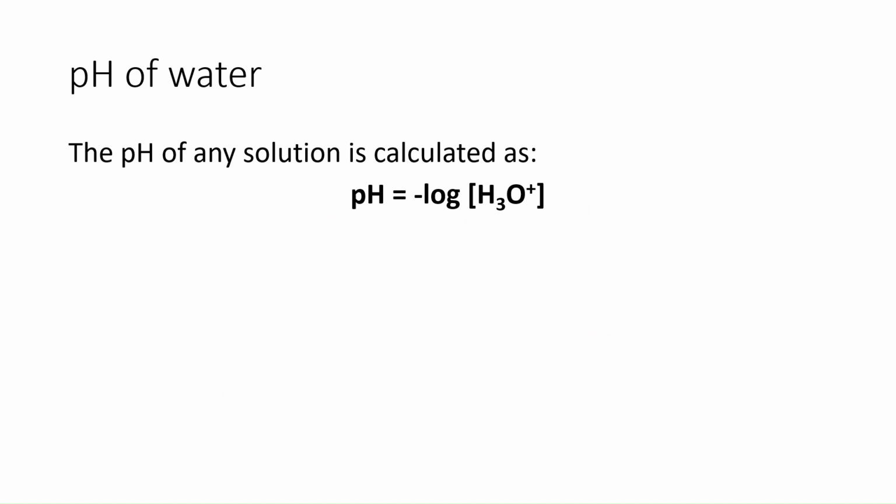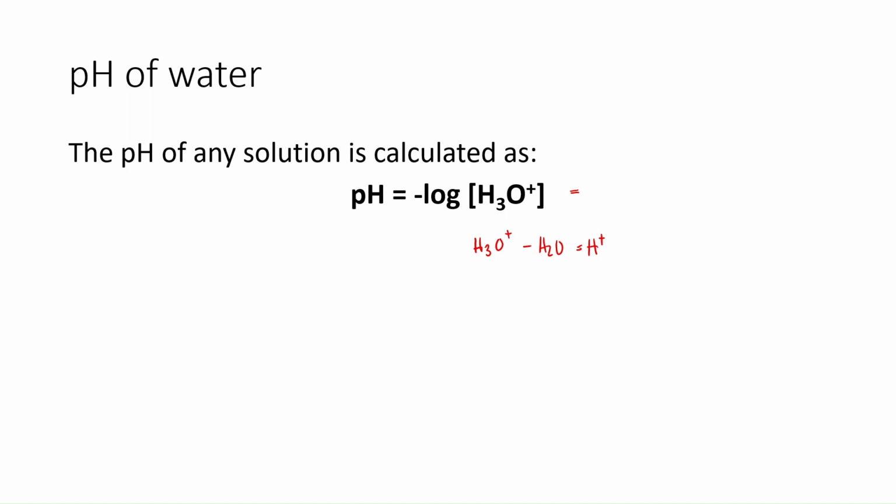So to bring that a step further, now we can know how to calculate the pH. And the pH of any solution is calculated with the equation pH equals -log of the concentration of hydronium ions. It's often written as a shortcut to take away the water from the hydronium ion, because you can always ignore water, and when you take away water from there, you end up with just protons.